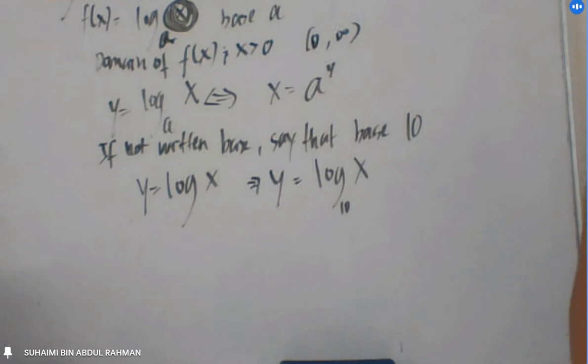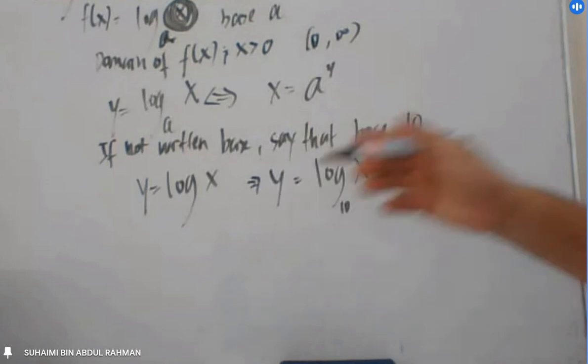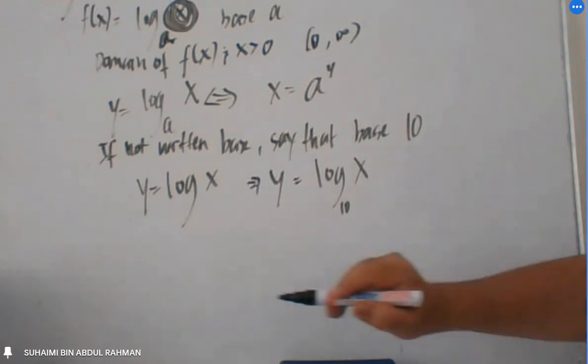If no base is written, we say the base is 10. If a base is written, we have to follow that base. For log with base 10, you can see it on your calculator.